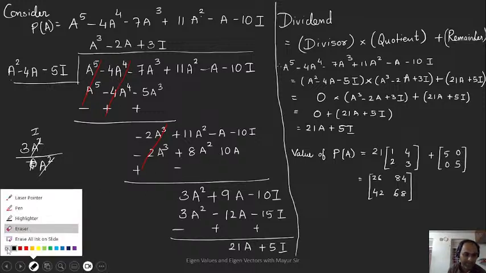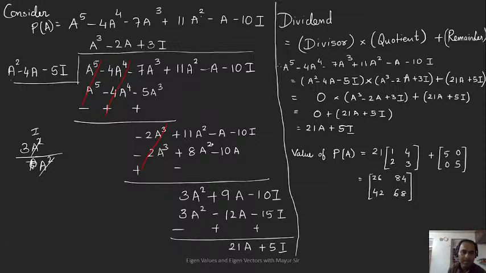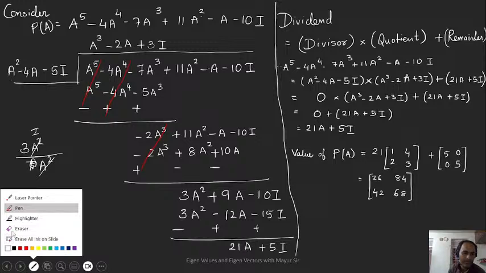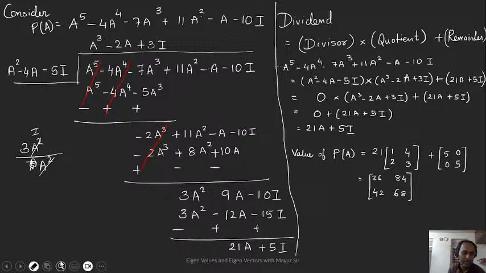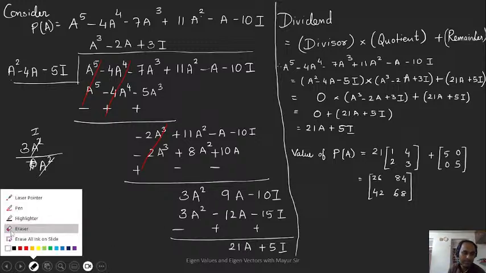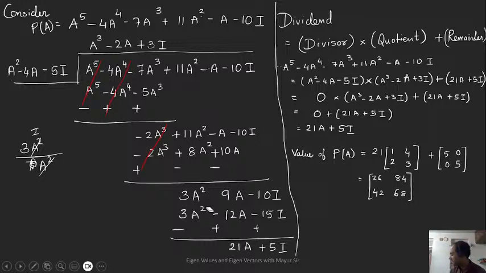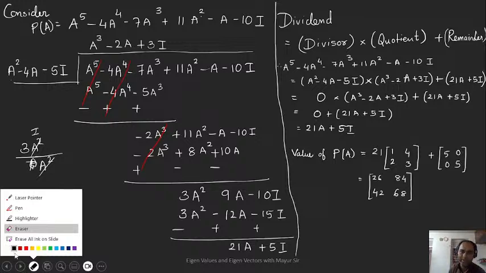Let's do this change. Minus 10 minus minus will make it plus, so this will be minus, so this will give you minus 11. That could be your doubt.